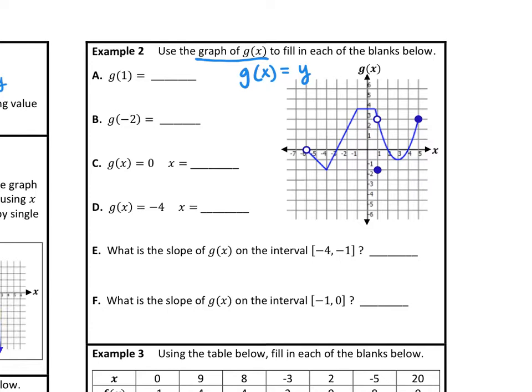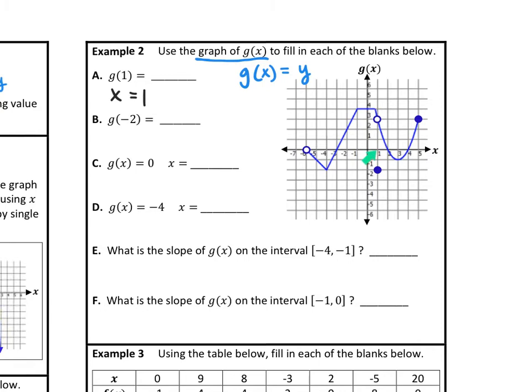Okay, and then we have a similar idea as before, where here they're giving us the number inside the parentheses, so that number represents x. So here they're saying if x equals, sorry, let me use black ink. If x equals 1, so I'm going to go to my x-axis and look for 1.